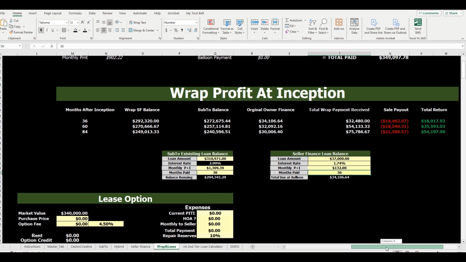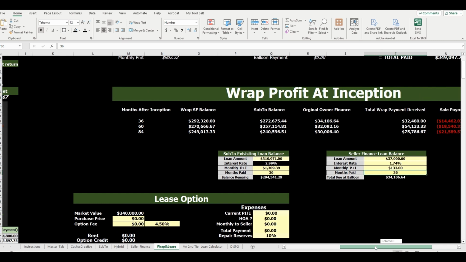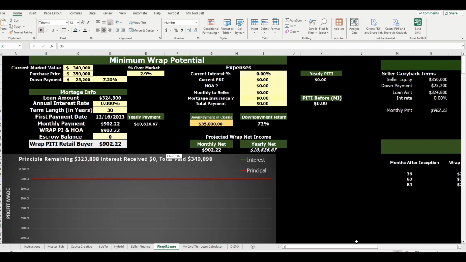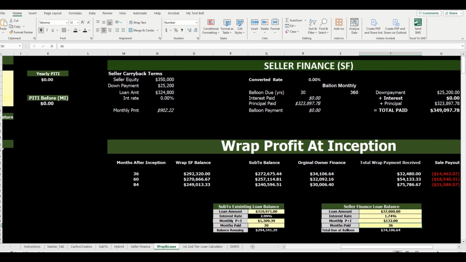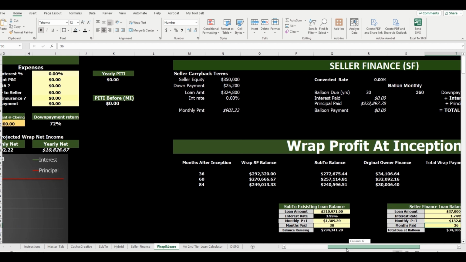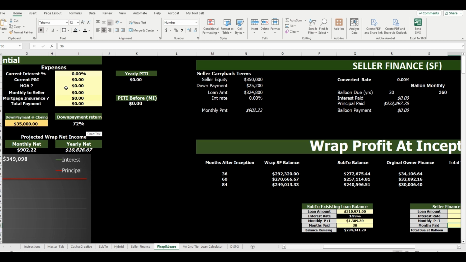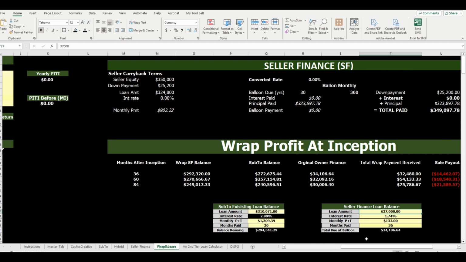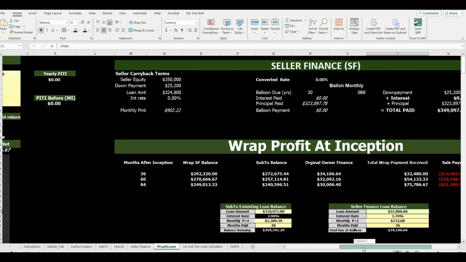Now, we're going to go up to where we were before, and then once we're done on the left-hand portion up here, we'll then come back to the right-hand side. What we need to take a quick look at before we move up to the original left-hand side of the screen is double-check the loan amount here. We see a loan amount here of $310,000, and we see a seller finance amount for $37,000.